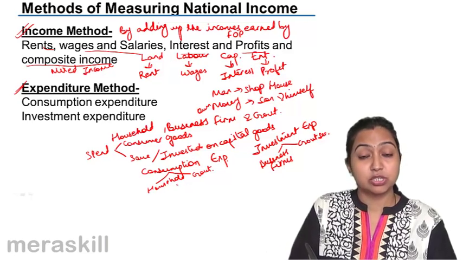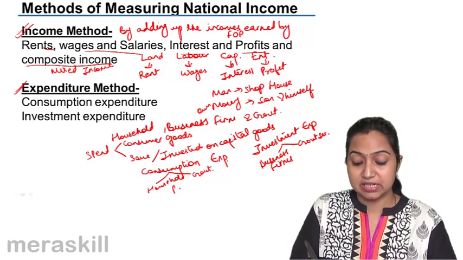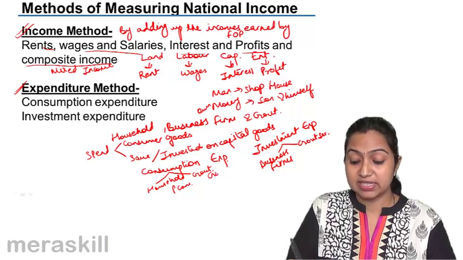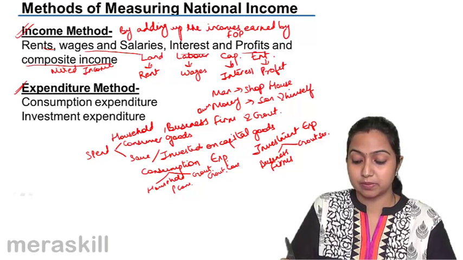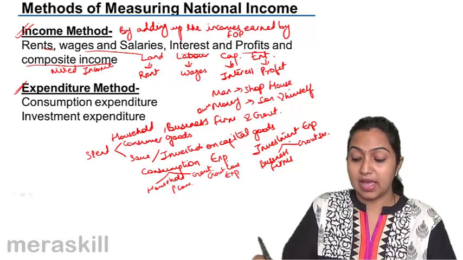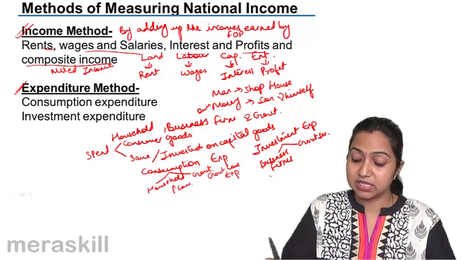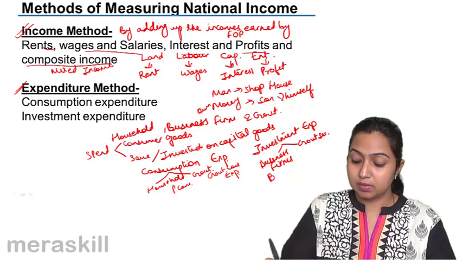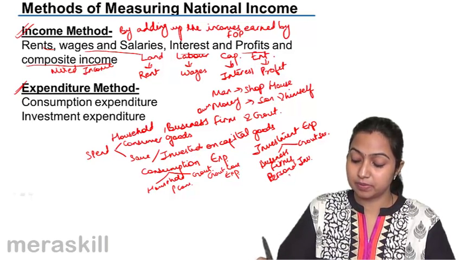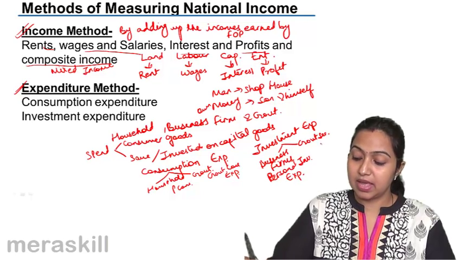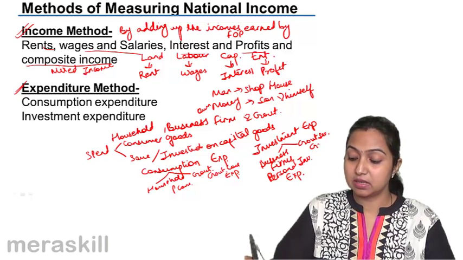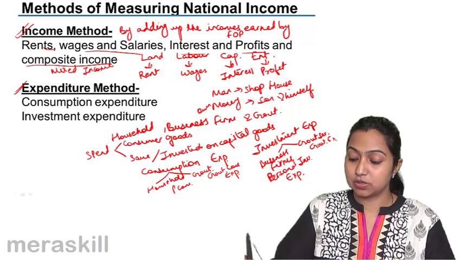The consumption done by household is called personal consumption expenditure, and that which is done by government is called government consumption expenditure. And the investment done by business firm is known as private investment expenditure, and by government sector is known as government investment expenditure.